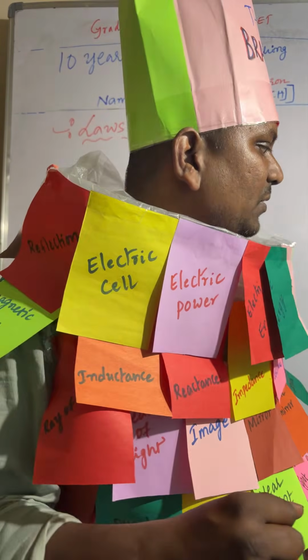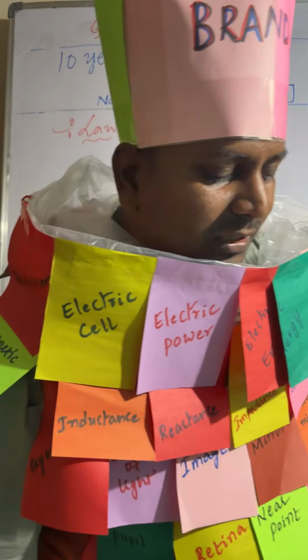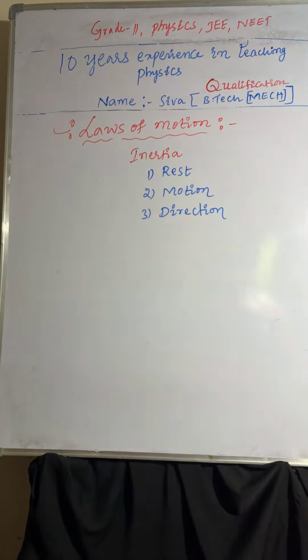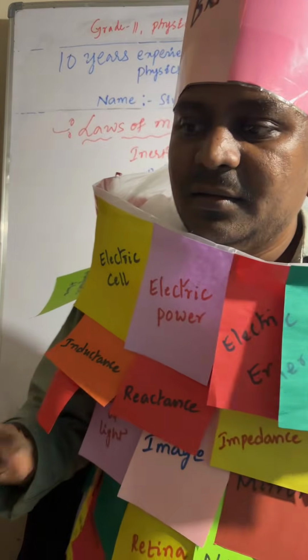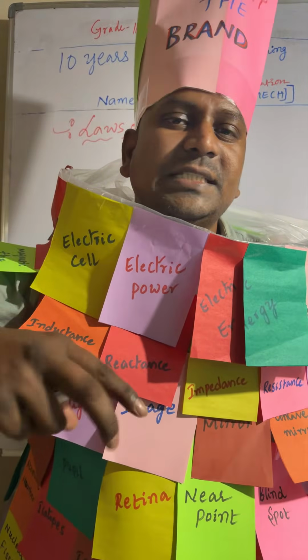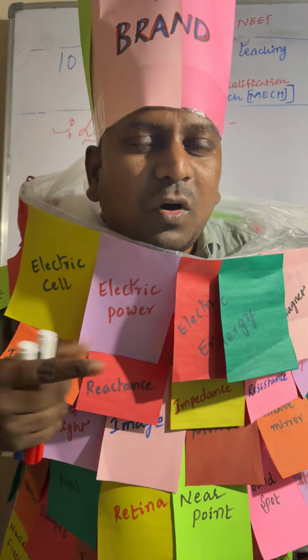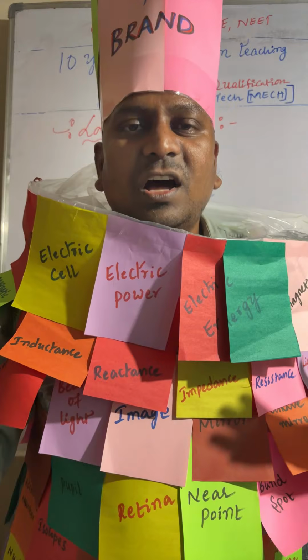And one more example, you can observe the carom board. The coins are arranged one by one. If you hit the bottom coin, only the bottom coin will move forward.